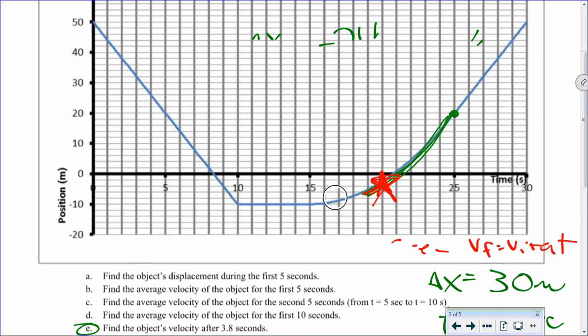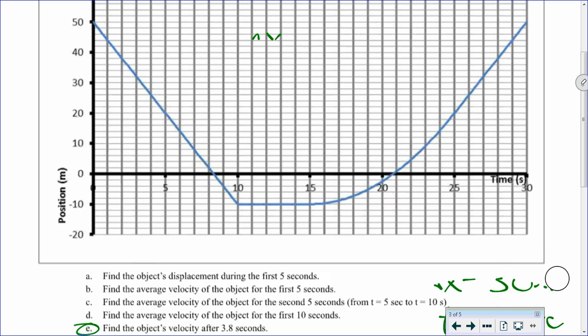All right, I'm going to recycle my axes. So the idea is, from here to here, my velocity is constant. I think we figured it out before. It was -6, right? So your velocity is -6 for the first 10 seconds.